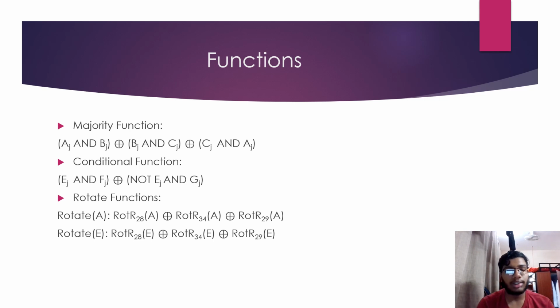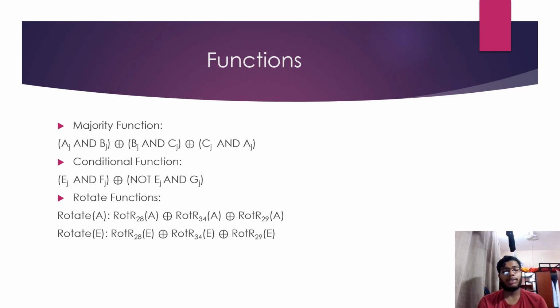In the majority function, you have to find the majority between the 3 elements, suppose A, B, C. We will assume A is 1, B is 0, and C is 1, and check whether this returns 1.